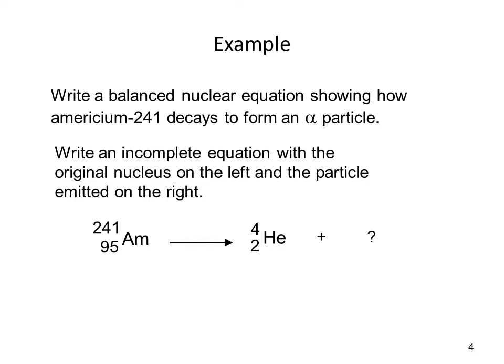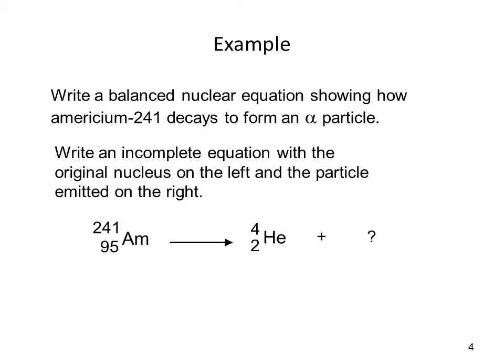Be sure to look on the periodic table to see what the atomic number of americium is so that you can put the charge down as 95. Then you know that it's going to be emitting an alpha particle. So you put an arrow and then you put an alpha particle, which has a mass of 4 and a charge of 2.